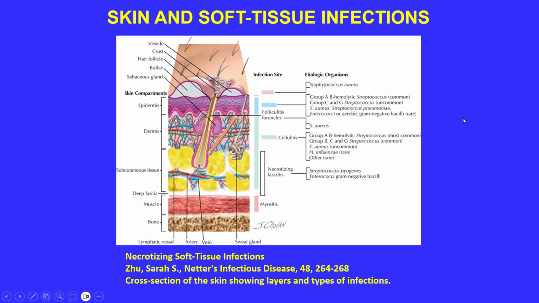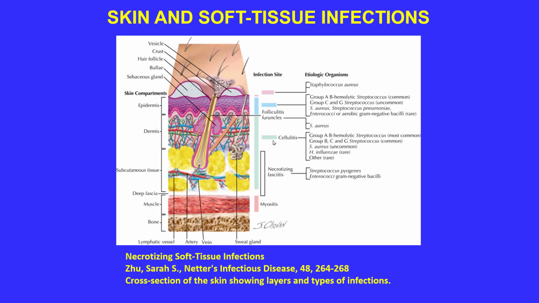And just remember, this is a very informative cross-section of the skin showing the layers and types of infections. So the upper ones are very close to the surface. In the surface, you're always going to see things like Staph aureus, etc. But as you get lower, you're going to see various other common and uncommon types of bacterial organisms, etiological organisms, and that means that they're going to account for various disorders.